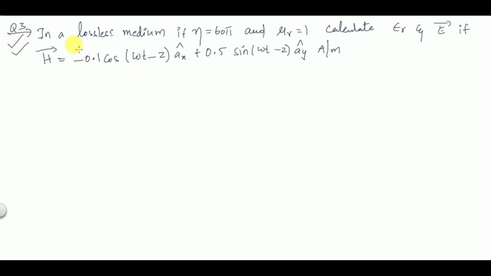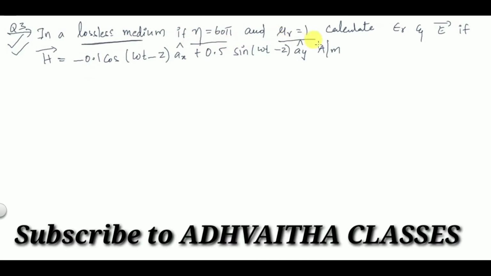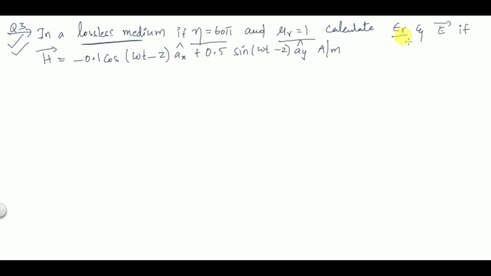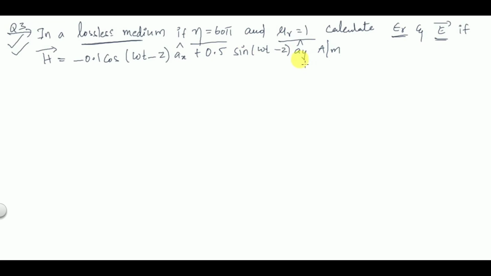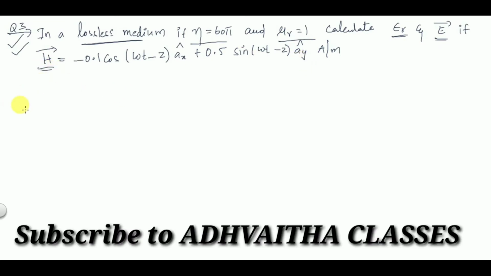He has given that the medium is a lossless medium, with eta given for mu r, and he has asked you to find the relative permittivity and the equation for electric field intensity if the magnetic field intensity equation is given.